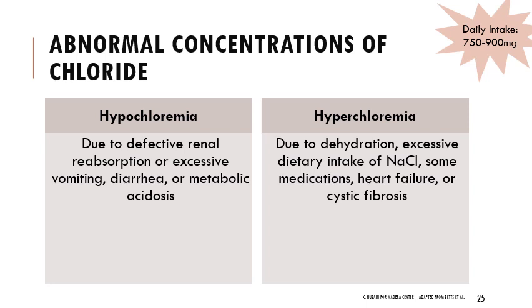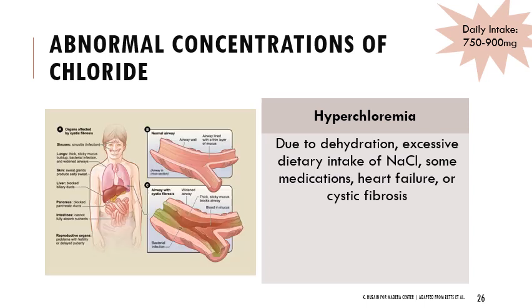Hyperchloremia, so too much chloride, can be due to dehydration, so relatively you have less water, more chloride. Excessive dietary intake of sodium chloride or table salt. Some medications can cause it, as well as heart failure or cystic fibrosis. So in cystic fibrosis, you have a lot of very serious results. This is a genetic condition that causes a lot of really thick, solid mucus in the lungs.